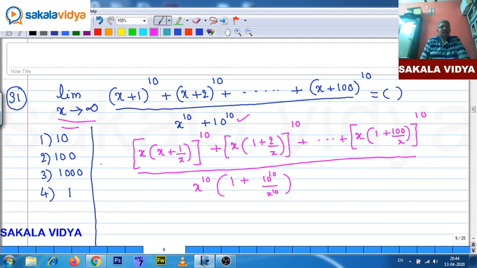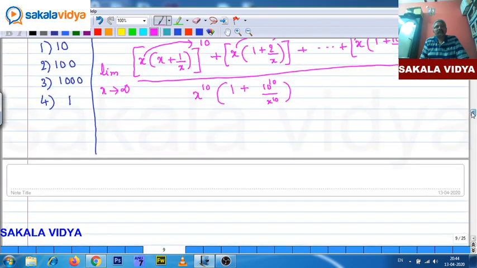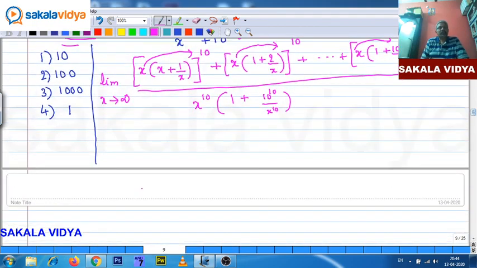So that means this is limit x approaches to infinity. The interesting factor is here x power 10, here also x power 10, last also x power 10, you can take out x power 10 common from all the terms.